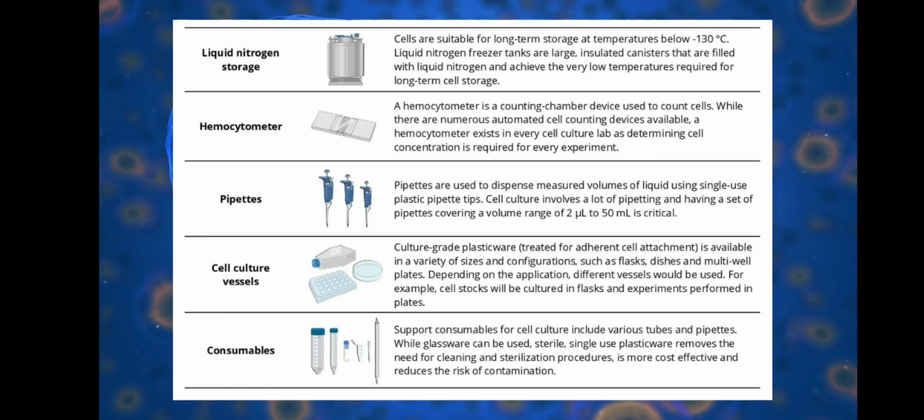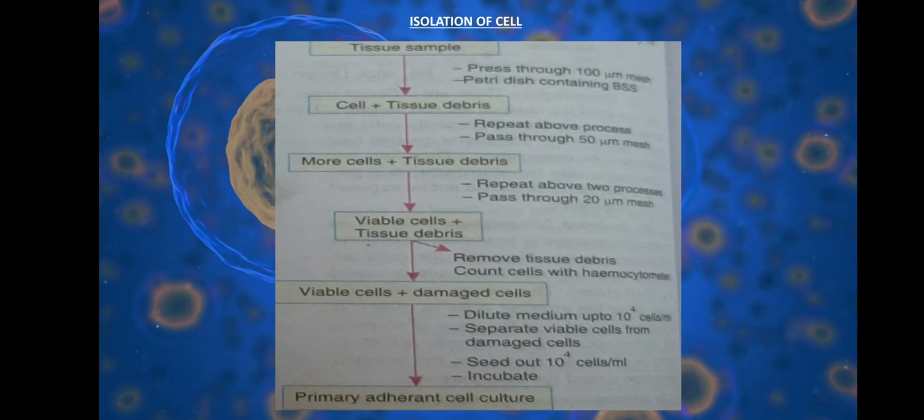Next, a hemocytometer, used as a counting chamber device to count the cells after the culture. Next, pipettes, basic requirements, cell culture vessels and consumables. Supporting consumables for cell culture include objects such as pipettes, tubes, etc. They should be sterilized before use.